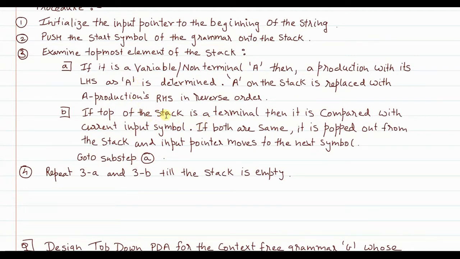Suppose the topmost element is now a terminal, not a non-terminal, then you read the current input symbol and compare it with the topmost element of the stack. If the current input symbol and the topmost element of the stack, which is a terminal, are the same, cancel them out and so on. This procedure, A or B, is repeatedly followed as long as the stack does not turn out to be empty.